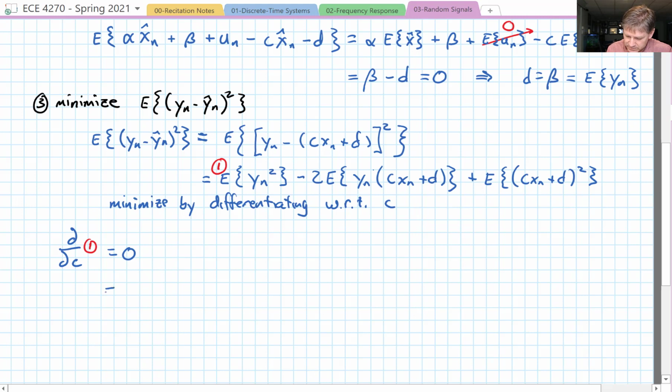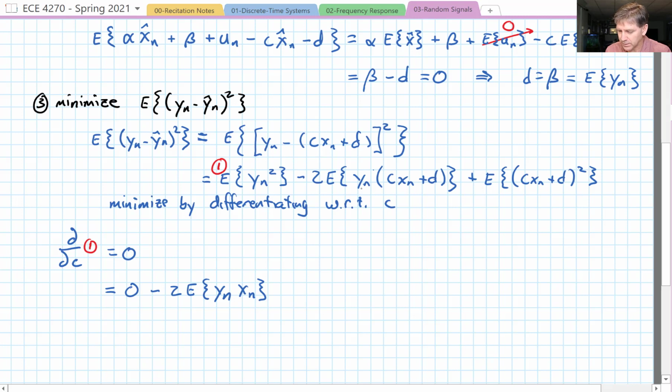Which is equal to, the first term has no c in it, so it goes away. The second term has one c in it, but we can multiply this through. So we're going to get 2 times the expected value of y[n]x[n], and that was multiplied by c. So the derivative with respect to c goes away.